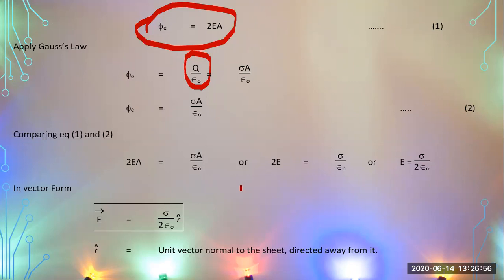By putting the values, you get E is equal to sigma divided by 2 epsilon naught. R is a unit vector which shows the direction of the electric lines of force, the direction of the electric field intensity which you have calculated.